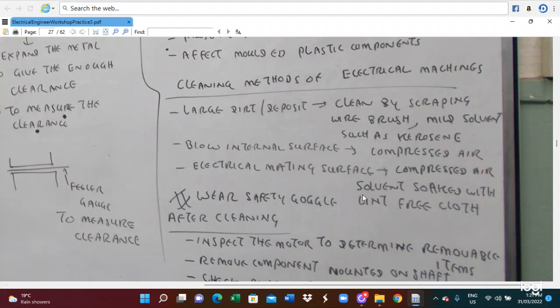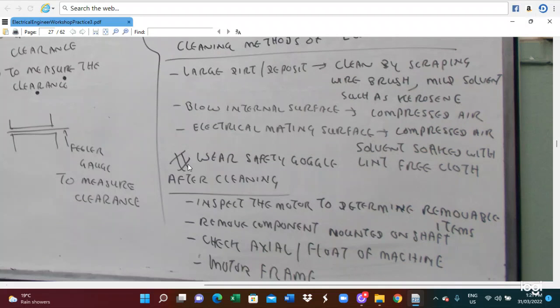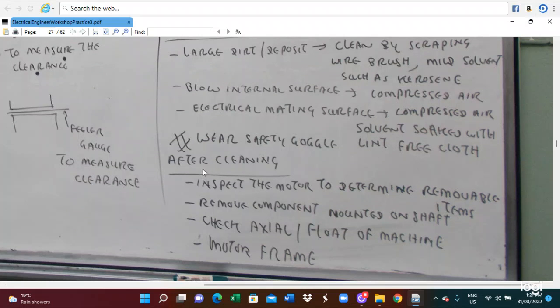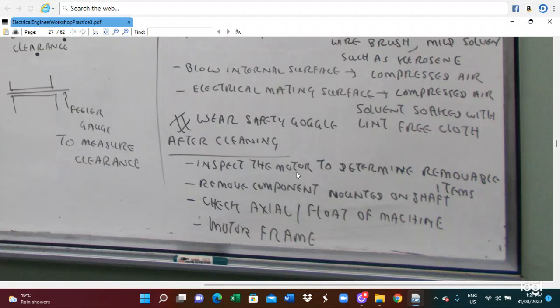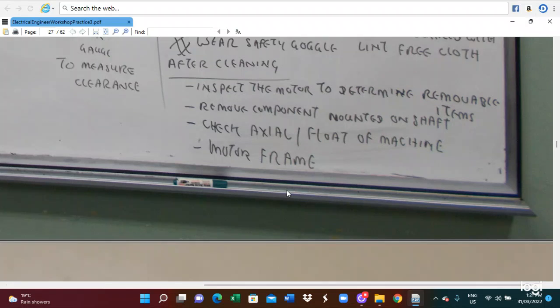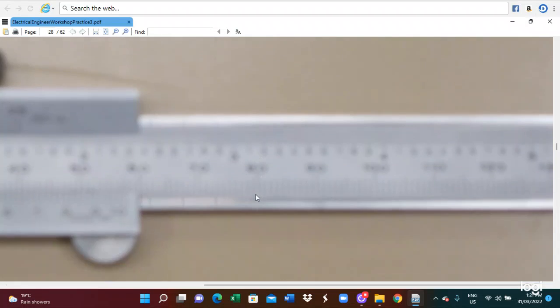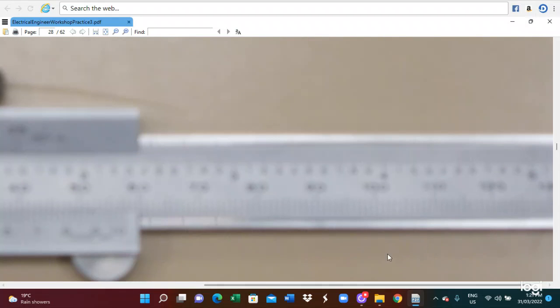We have to wear the appropriate safety goggles, and after cleaning we have to inspect the motor to determine the removable items, or we also need to remove the component. Also on the shaft, we have to check the end play or the flow of the machine, also the motor plate. So these are the ways to dismantle the motor and the important requirements.